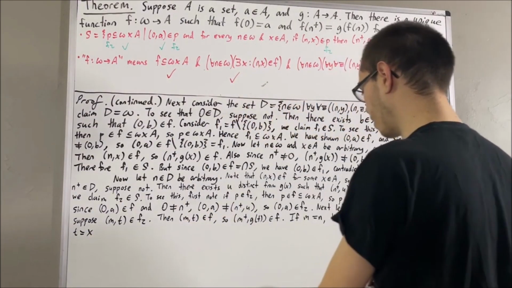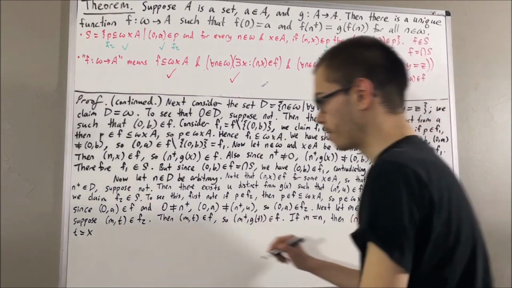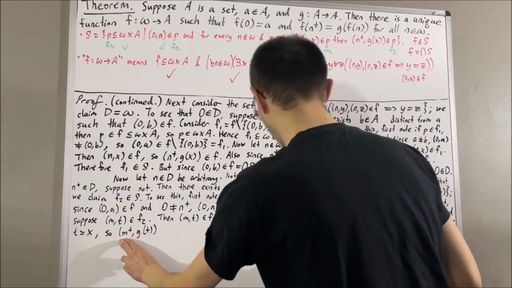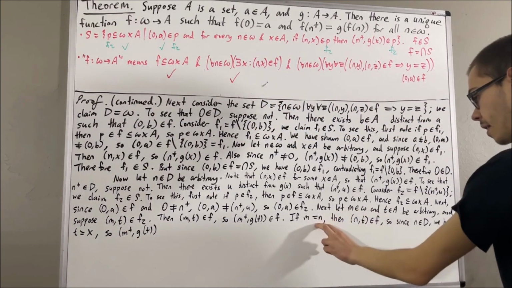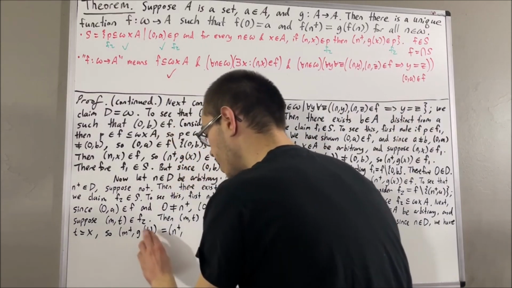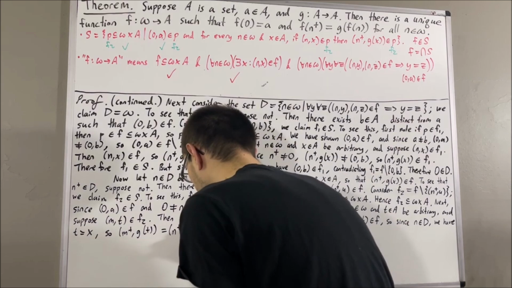So what does this mean? Well, let's write out the ordered pair successor of m comma g of t. What we can do here is replace m with n, since they're equal. So this is successor of n, but since t is equal to x, we can replace g of t with g of x.